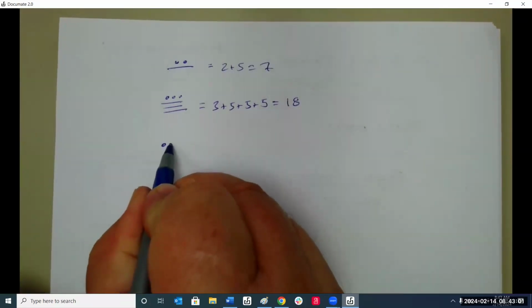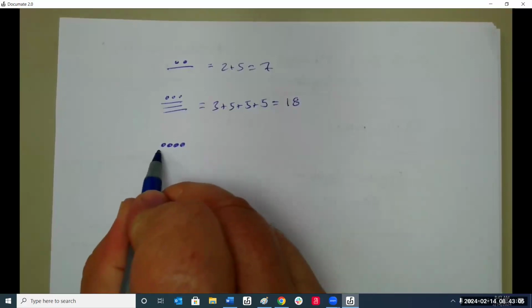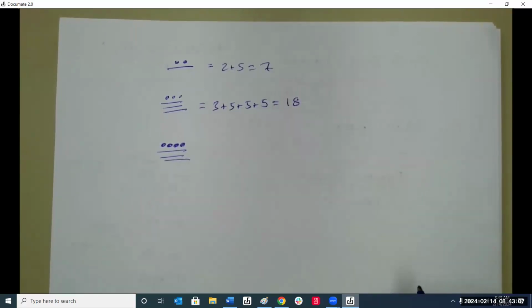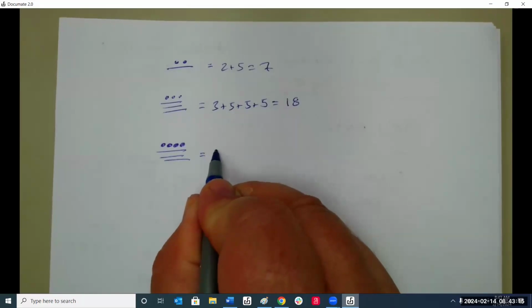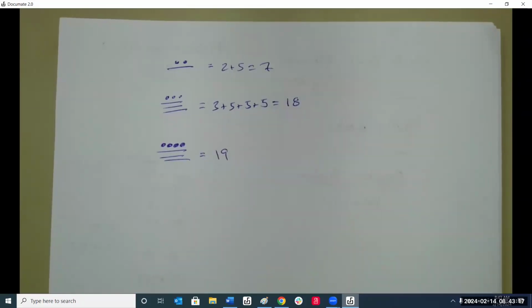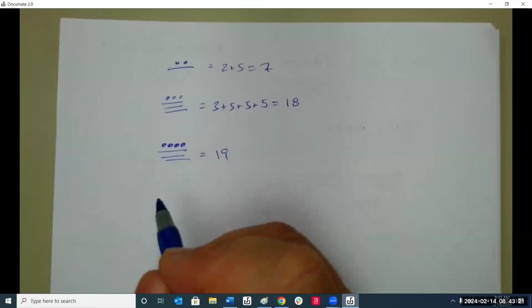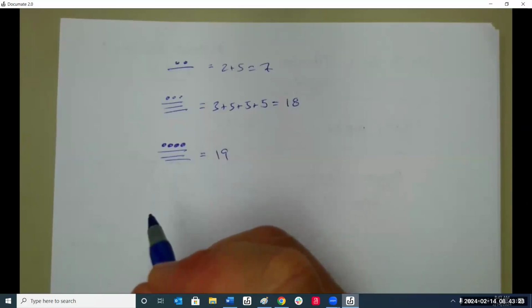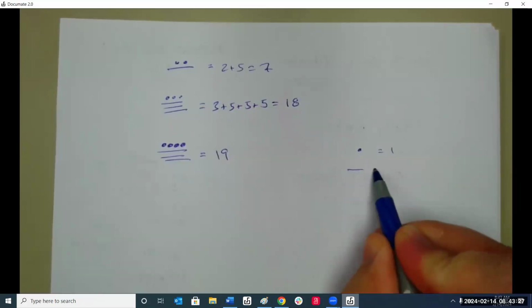so we had 4 dots and we have 3 lines. What number is that? Can I add any more dots on there? No, because remember, the dot was a 1, the line was a 5.